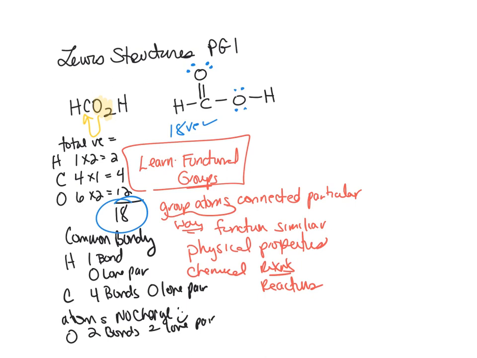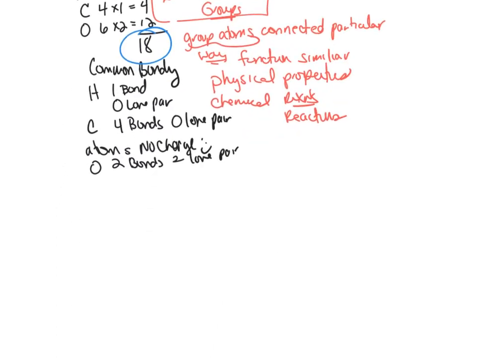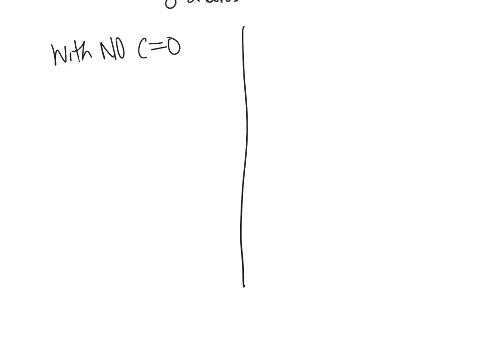This particular molecule is called formic acid. It is a carboxylic acid, and it is what causes the stinging when an ant bites you. The best way to learn your functional groups would be to divide them into categories: with no carbonyl and with a carbonyl.